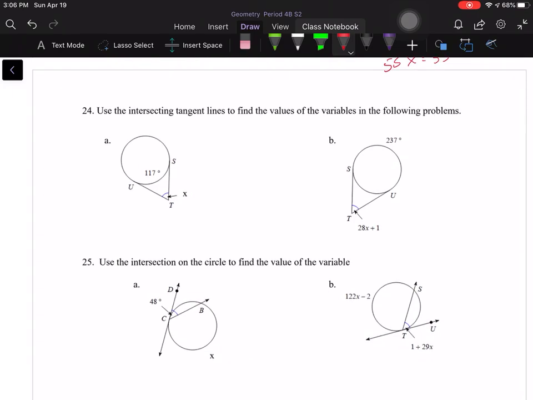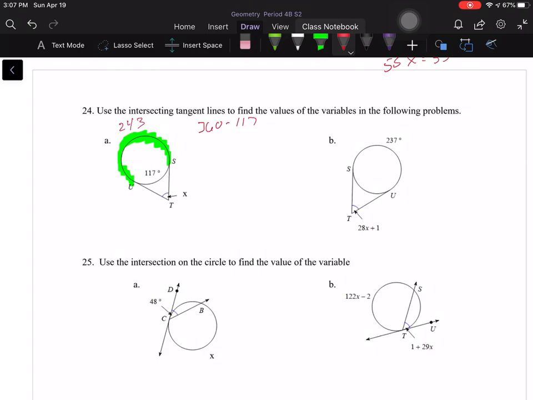Okay, 24, use the intersecting tangent lines to find the values of the variables in the following problems. So again, those three things boil down to, is the angle inside the circle, on the circle, or outside the circle? So in this problem, it's outside, so this is a subtraction. The issue is I don't know the measure of the arc that's on the outside, but I do know that 360 minus 117 would give me what's left.